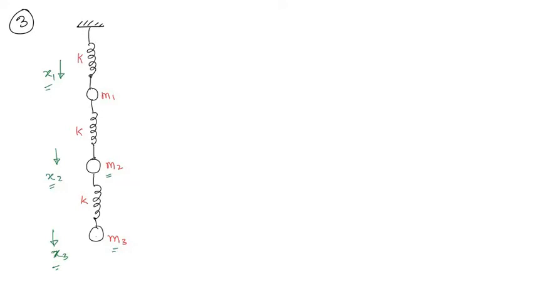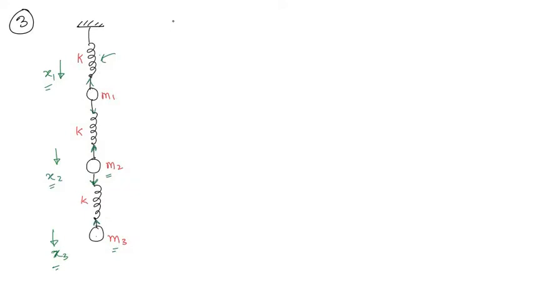Now for writing the equation of motion, we have to write the force. The force on block m1 will be the spring force due to this spring and the spring force due to this spring. On mass 2 there will be a spring force in this direction and a spring force in this direction, and on mass 3 the spring force will be in this direction.